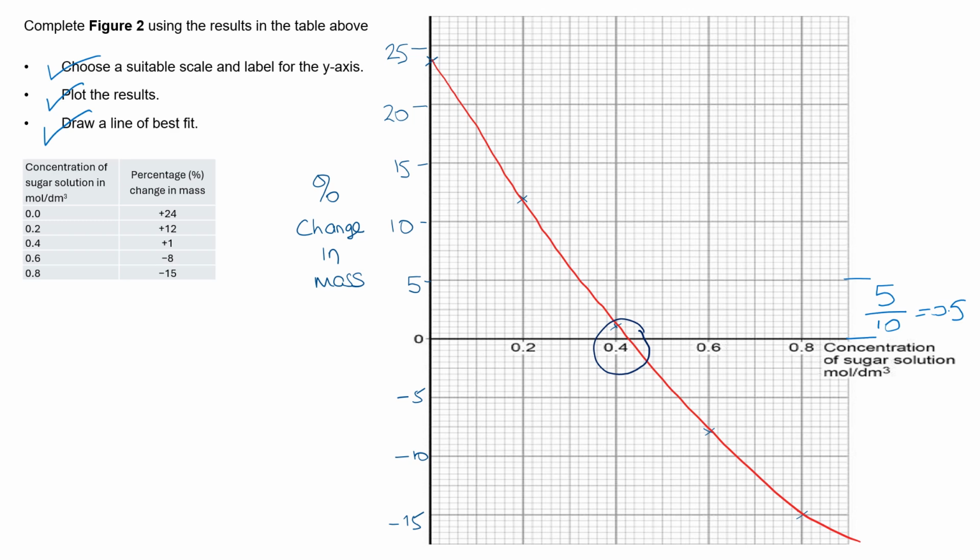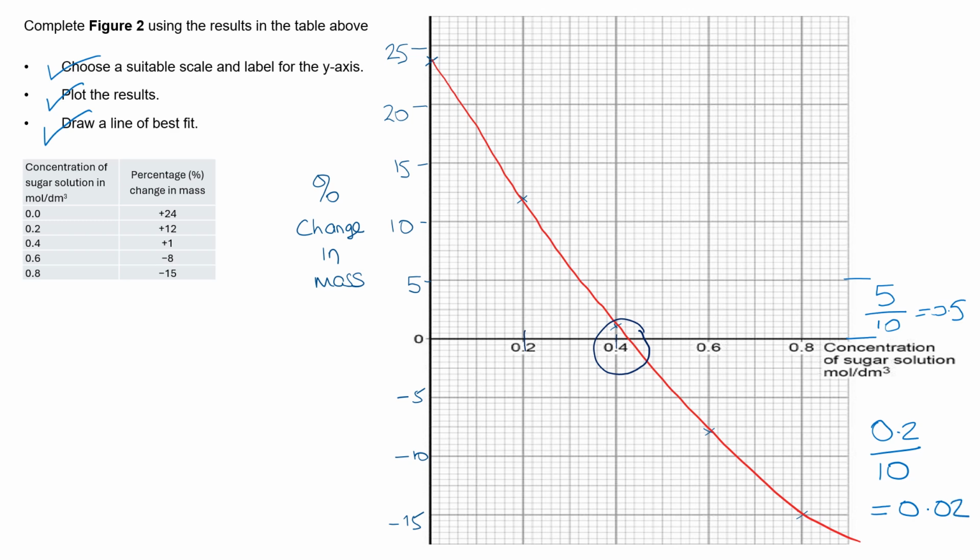And again, you would have to work out what your scale is going across the x-axis. So again, we would pick 2 points on it. So between 0.2 and 0.4, we have 10 little squares. So this time it would be 0.2 divided by 10, and that comes to 0.02.